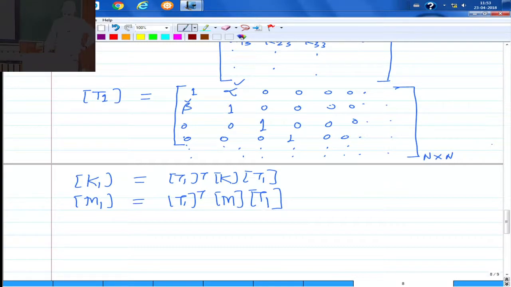So you have constructed this transformation matrix T1, that's the first starting point, in terms of two unknowns alpha and beta. Then you are getting the transformed stiffness matrix and transformed mass matrix.